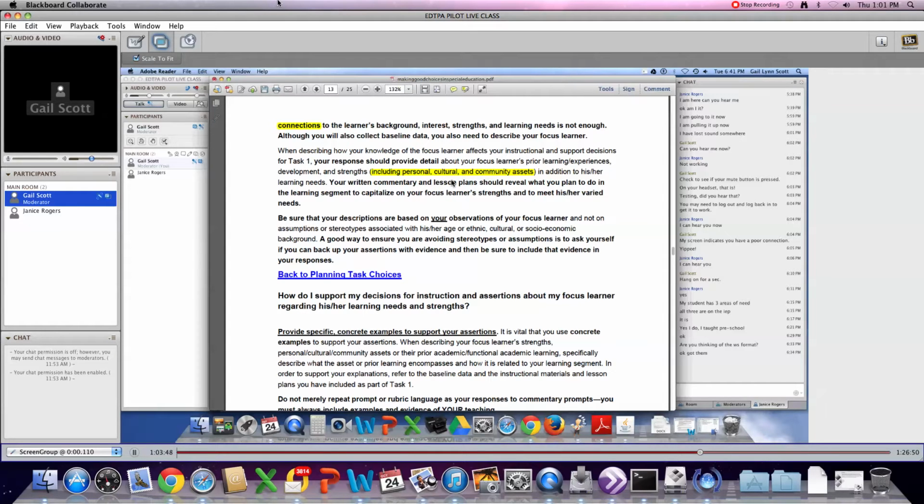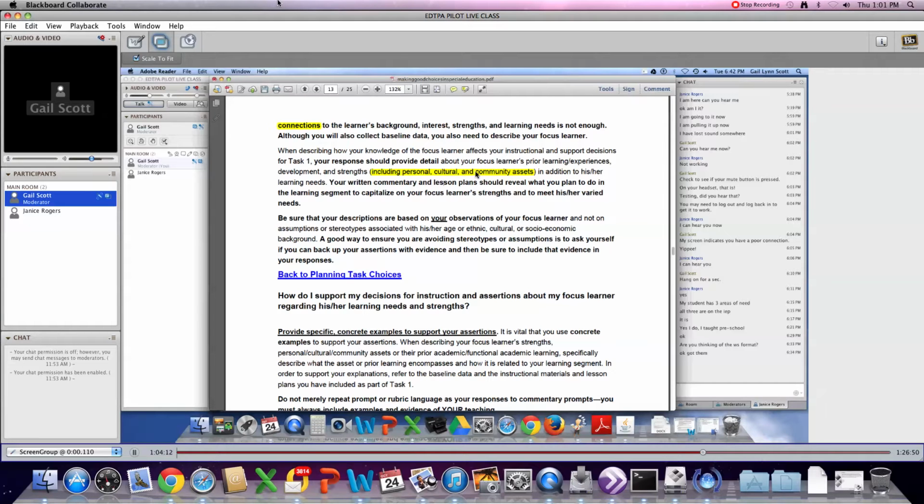Is there a large cultural community of people who have things in common in the neighborhood or in the area or in the church group? Or is there a social organization that the family attends where they're around other people from similar cultures that helps the student identify with his cultural background and heritage?